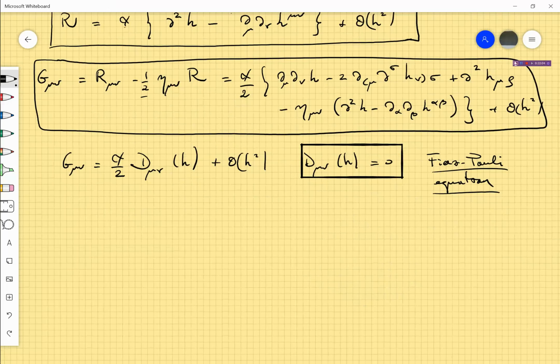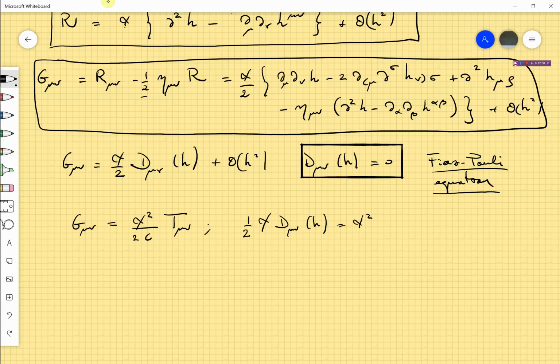And let's consider the coupling to matter, in these units that we are using. With this chi, the Einstein equations in presence of matter have this form, but on this side we have 1/2 chi D mu nu of h, and on the other side we have chi squared over 2c.